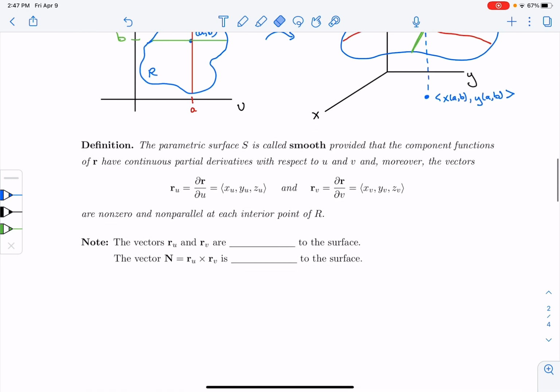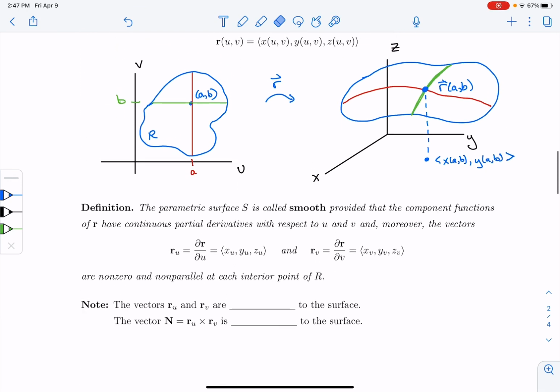Now, we have some definitions that go along with our parametric surface. The parametric surface S is called smooth, provided that the component functions of r have continuous partial derivatives with respect to u and v, and moreover, the vectors r sub u, or dr du, and r sub v, dr dv, are non-zero and non-parallel at each interior point of R. So if I can take partial derivatives of r with respect to u and v and those are continuous, then we're going to call our parametric surface smooth.